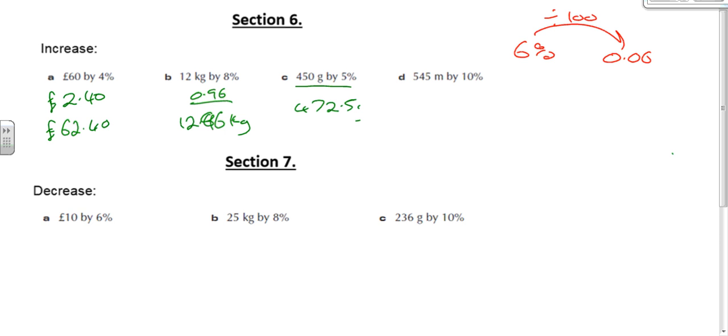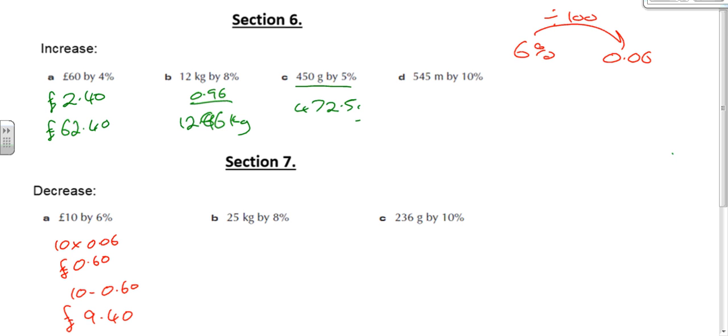So if we do £10 times by 0.06, we get 0.6, or in terms of pounds, £0.60. So we're going to take 60 pence off £10. So we do £10 take away 0.60, and we end up with 9.4 in terms of money, £9.40.